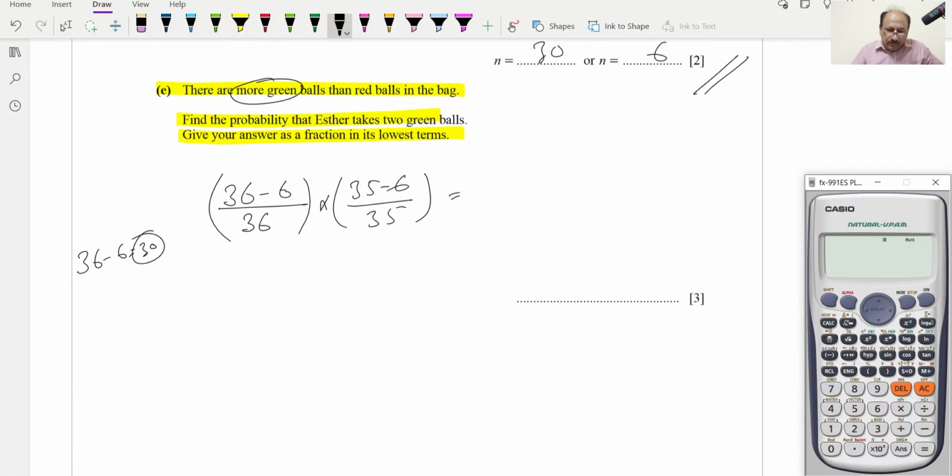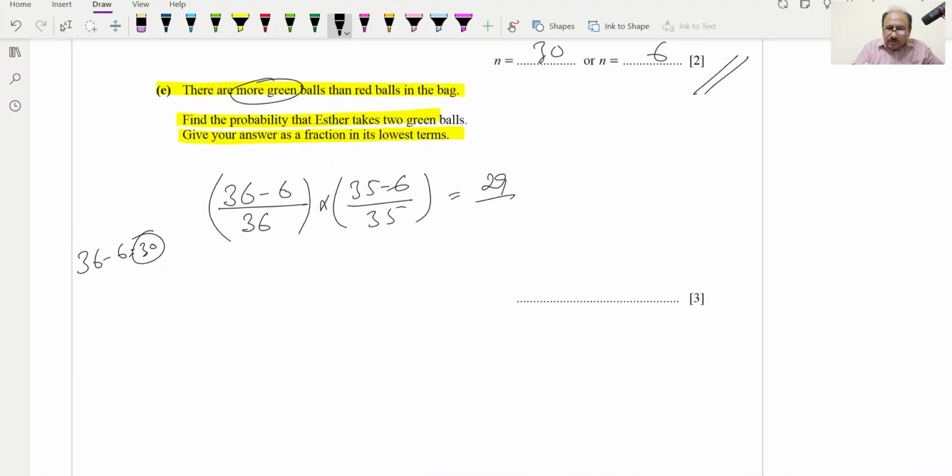So this will be 30 over 36 multiplied by 29 over 35, and this will be equal to 29 over 42. This will be our final answer for this question. This is the 3 marks part which we have done.